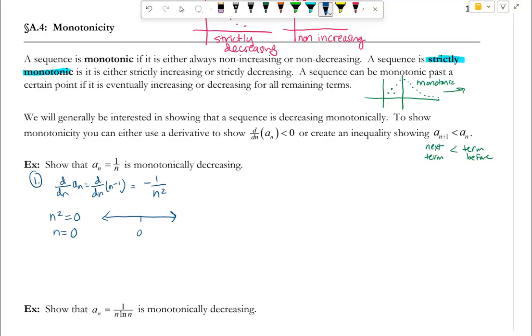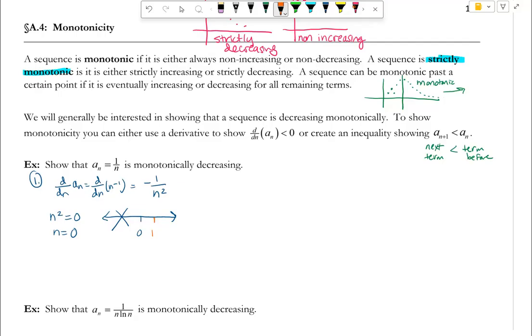So all of that to say, we don't really care what is happening to the left of 0 on our number line. In fact, we don't even care what's happening between 0 and 1, because I would never have a term 0. Sometimes in Algebra 1 we talk about term 0, but a sequence truly does not have a 0 term. We start with our first term.